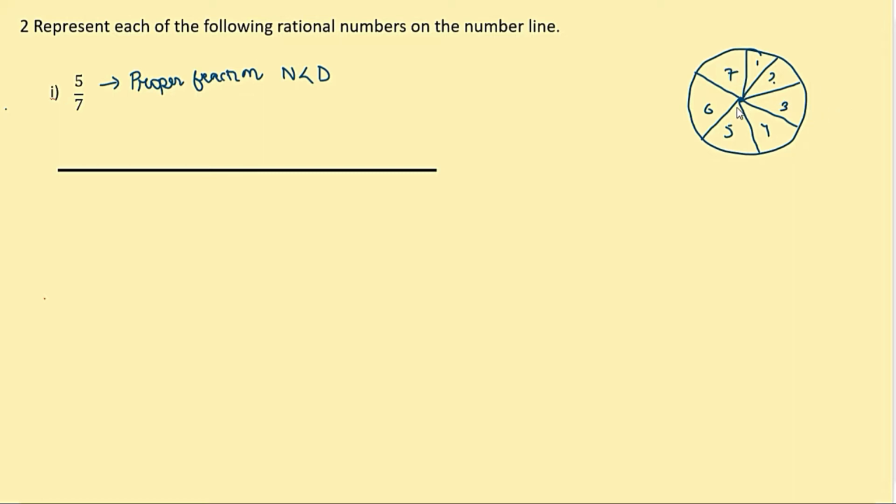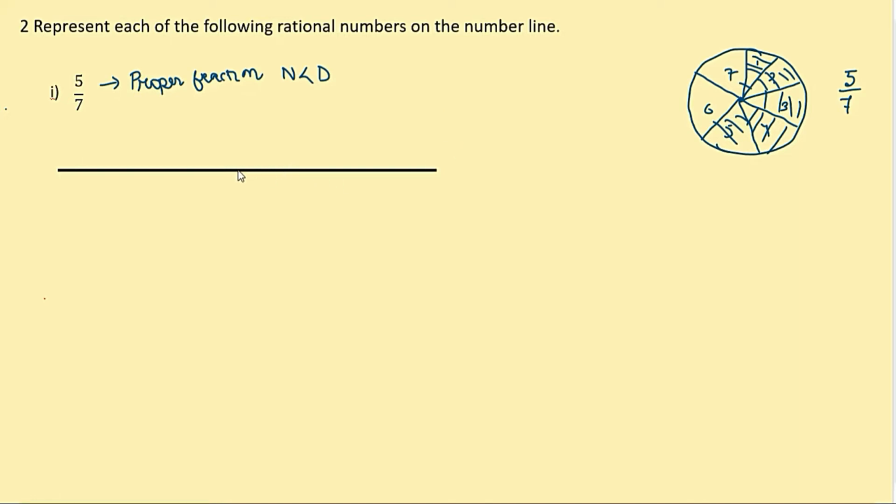Now if you are giving 5 parts to your sister, suppose this part, this part, this part, this part and this part of the pizza, it means you are giving 5 by 7th part of the pizza to your sister. Okay, means 7 parts are there and out of that 5 parts you are giving. Okay, so let's represent this 5 by 7 on the number line.